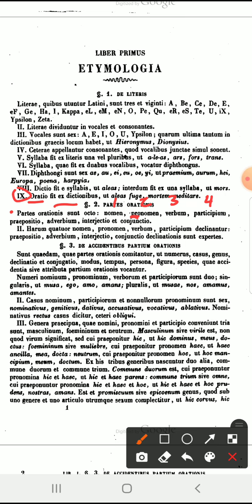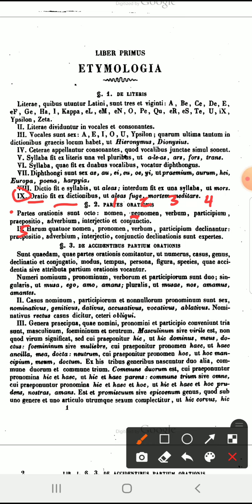But the name participle comes from the fact that these words participate or share the characteristics of both nouns and verbs. These are the first four parts of speech: nomen, pronomen, verbum, and participium. Noun, pronoun, verb, and participle.